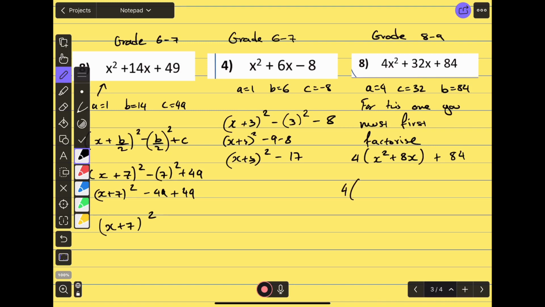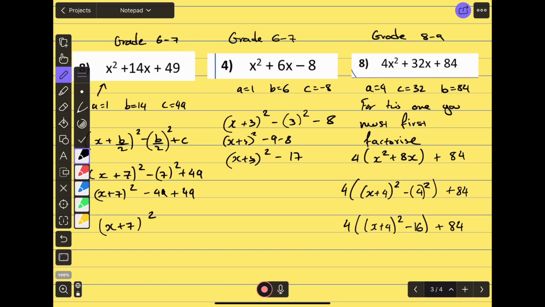Now I'm going to complete the square for x squared plus 8x. So you notice 4 outside the bracket again, x plus 4 squared, take away 16, plus 84.